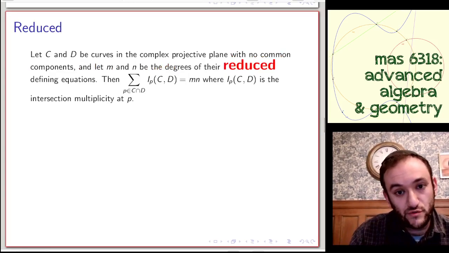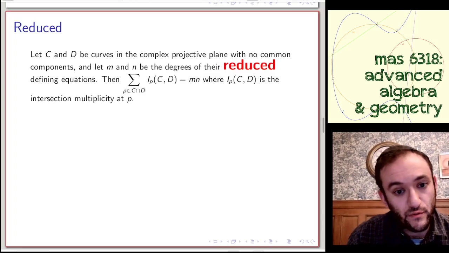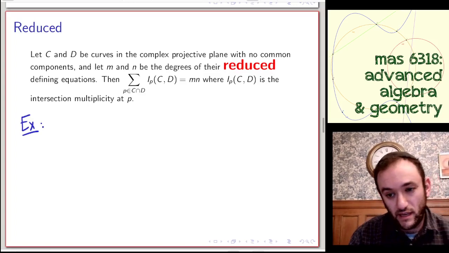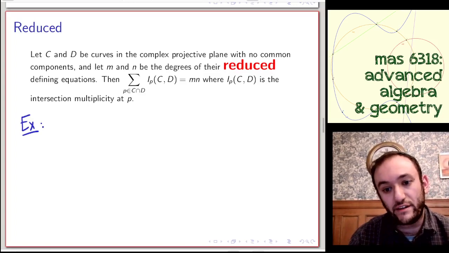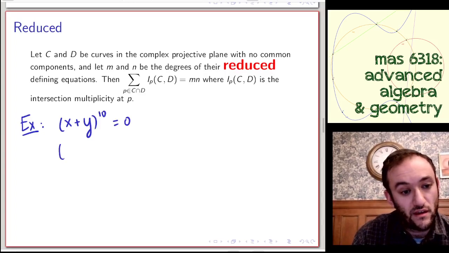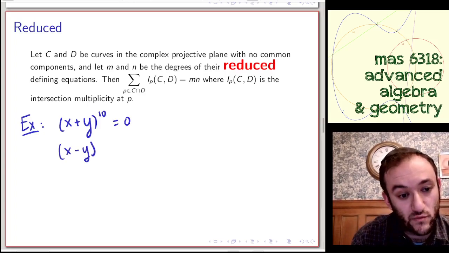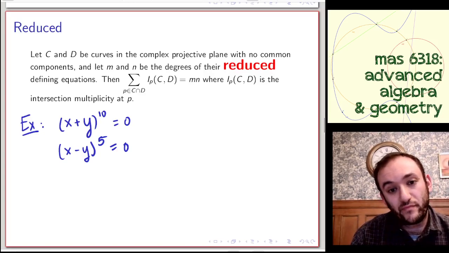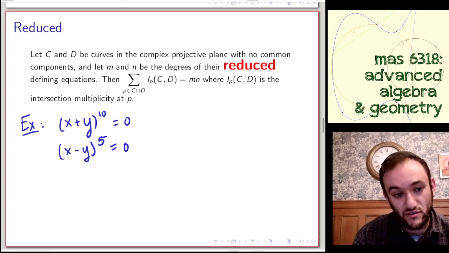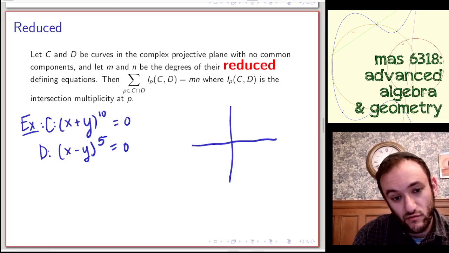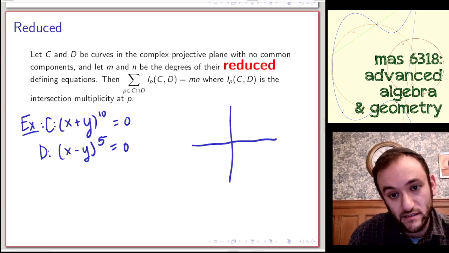How about reduced? So the idea here is we don't want an equation which has redundant factors. So for instance, I could have x plus y to the 10th power equals 0, and x minus y to the 5th equals 0. Let's say this is C and this is D. In terms of the graphs, we're really looking at two lines.